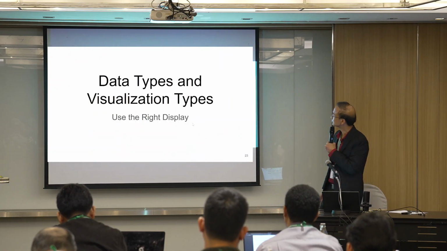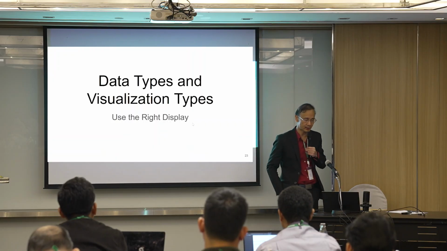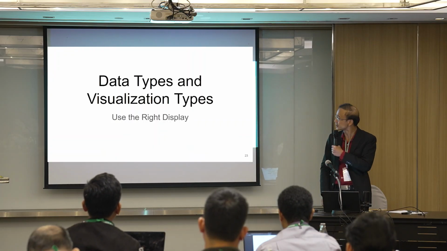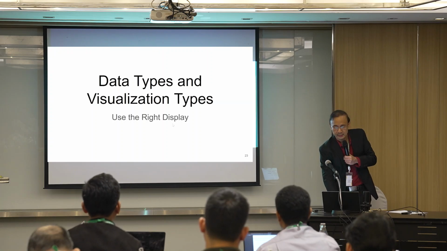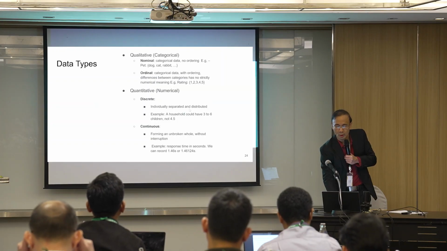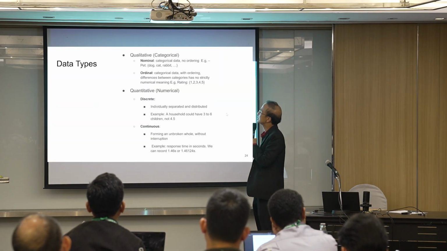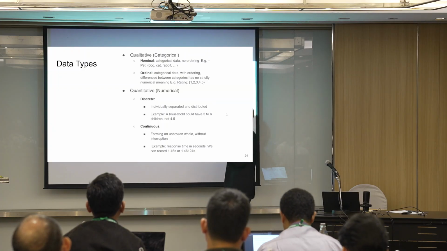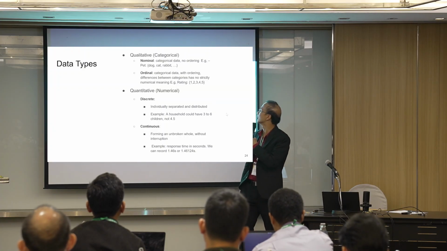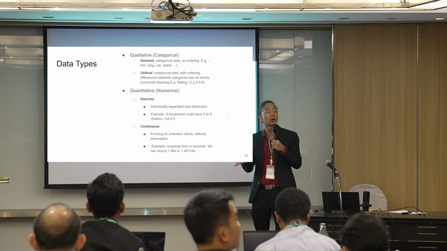Okay. Right. So those are some of the data types, some basics of visualization. Now let's look at the data types and visualization types that we come across. Normally when we talk about data types, we have two big groups, category and numeric. For category, it is nominal or ordinal.